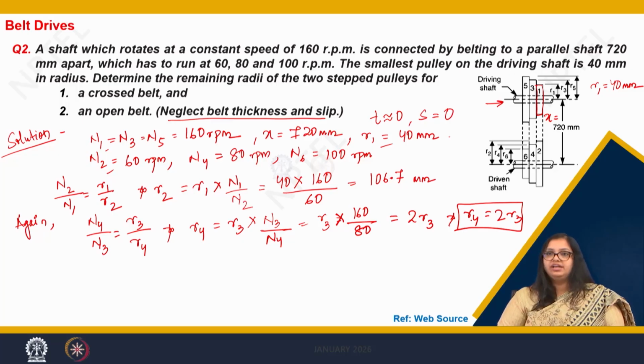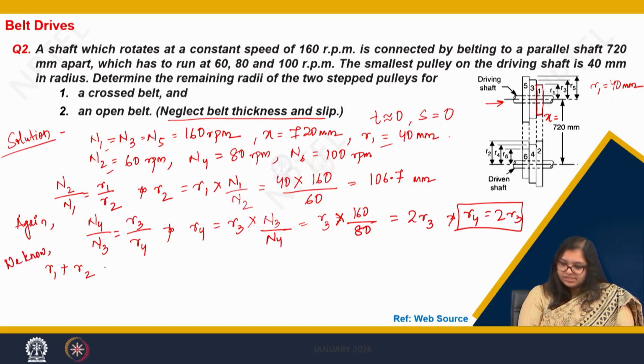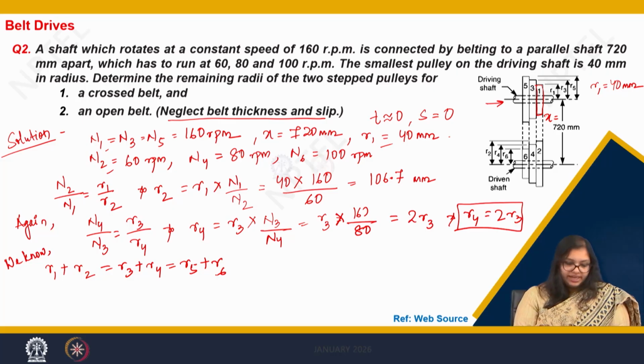However, we have another relation with respect to the distance between the two shafts. We know R1 plus R2 is equal to R3 plus R4, which is equal to R5 plus R6, right.